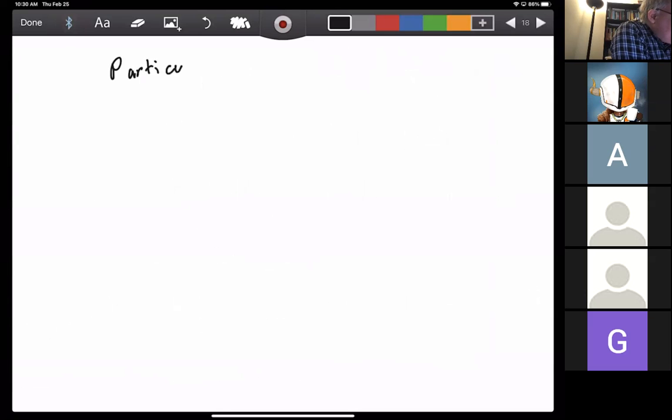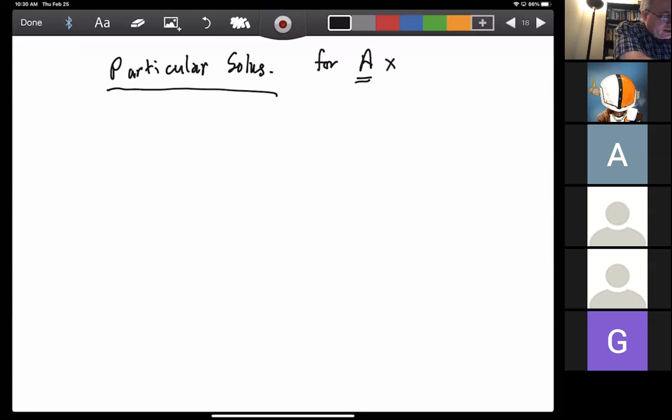So, particular solutions. We talked about homogeneous solutions. We also have particular solutions. So we can look at the system AX is equal to B. Remember, when that forcing vector on the right-hand side was 0, we say the system is homogeneous.